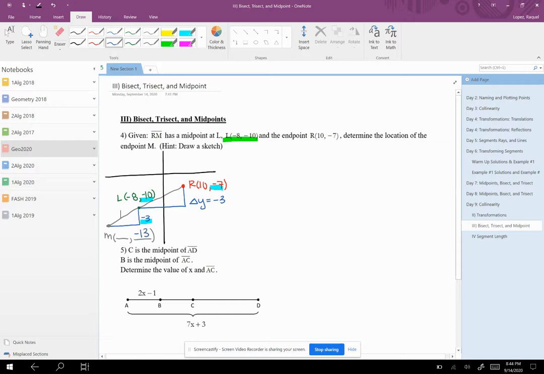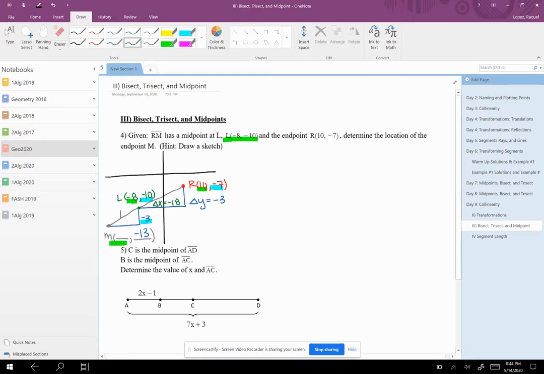Now we're going to follow a similar rule, but we're going to find our change in x. To go from 10 to -8, that was a change in x of 18. So I went to the left 18, so the change in x is -18, which means our change in x to get from the midpoint to the x value here has to stay the same.